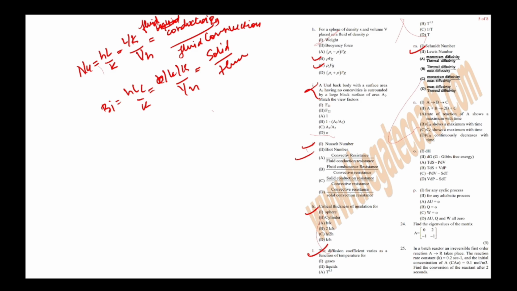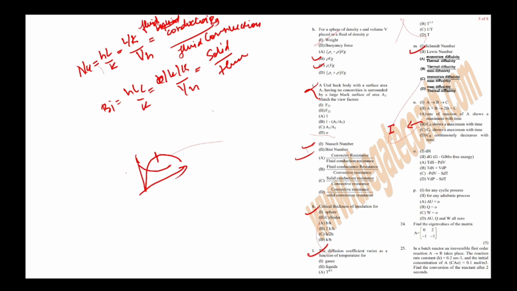These questions are very... the rate of A that is B that is C, A plus B that is 2. The rate of the reaction. CB shows the maximum. This is one. CB shows a maximum at some time because this will be the graph.